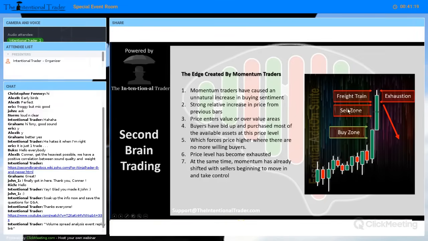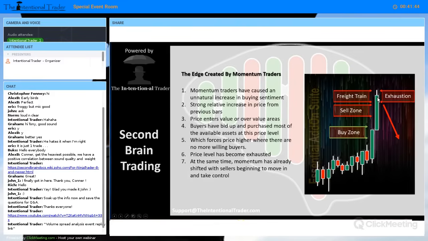So we get this sell zone and then this freight train area where the last of the buyers are very eager and jumping in here and getting all excited. You've been that person, right? When you jump in and you buy, and then suddenly it's like everybody knew you bought, because that's when the price started dropping, right?